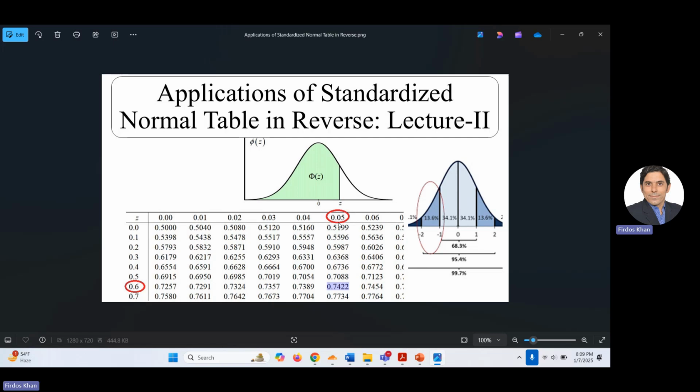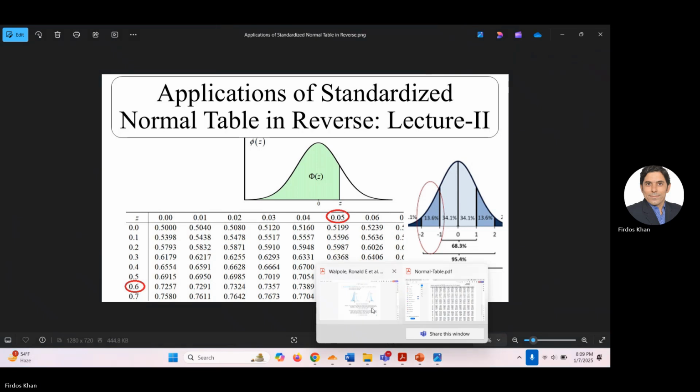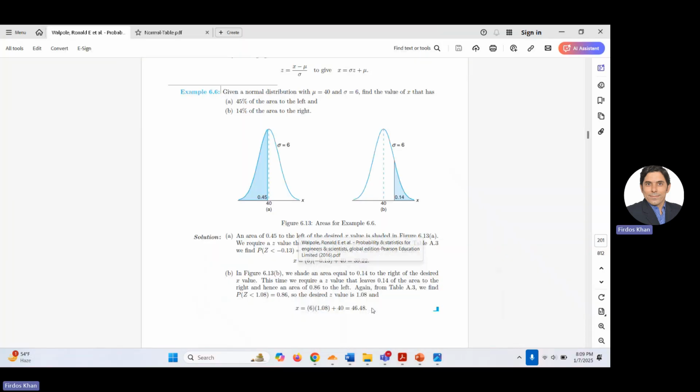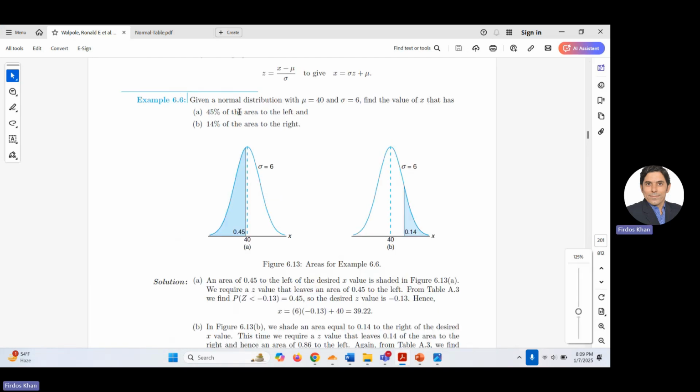So let's explain this in detail with an example. There are two questions in this example. Given a normal distribution with mu equal to 40 and sigma equal to 6, find the value of x that has 45% of the area to the left and 14% of the area to the right.